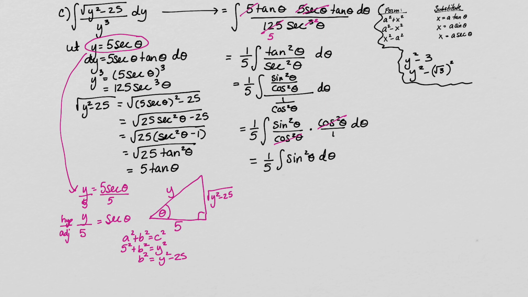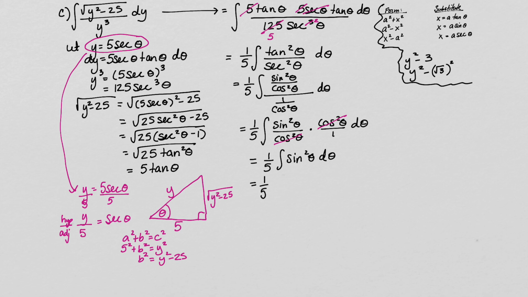Okay, so I need to integrate sine squared. Does anybody remember from last class how we're going to integrate? All I have is a sine squared. Yeah, so we have to use a half angle identity.